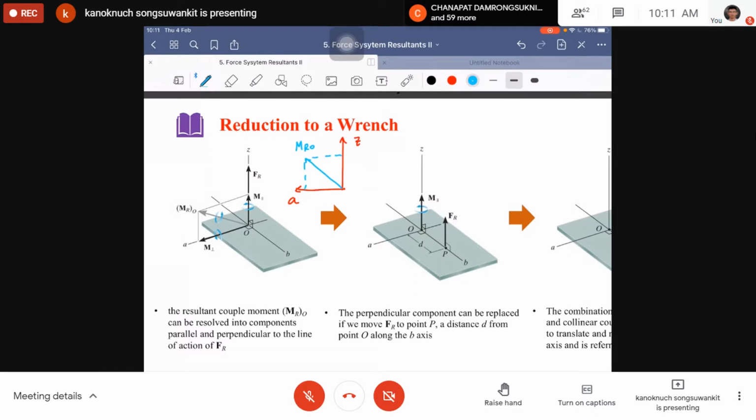Okay, if we use x as reference, we have MRO parallel, and another axis is MRO perpendicular. Like resolved into two components on the perpendicular axis. So what is the purpose of this reduction?